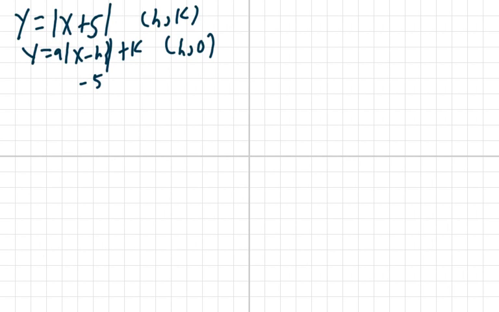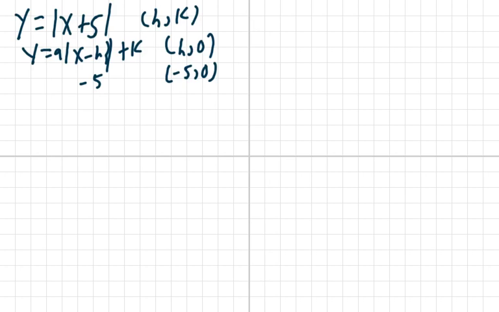Why is it -5, not 5? This is a pretty good question. So think about the opposite of the number where h is. Always think about the opposite. If it's -5, then it's just 5. If it's 5, it's -5. So the vertex would be -5, 0.